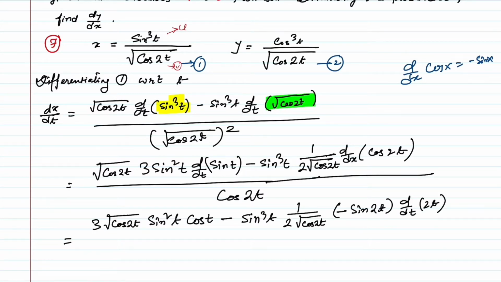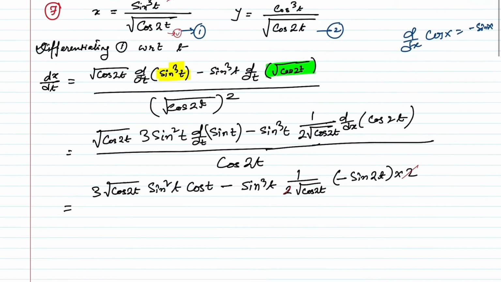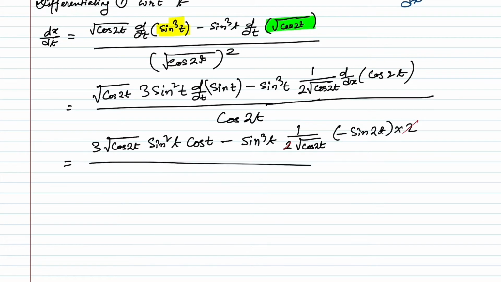If you differentiate twice t, then you must get 2, isn't it? So you must get 2, and these 2 and these 2 will be cancelled. So in the denominator is cos twice t. Hope you have understood up to this point.